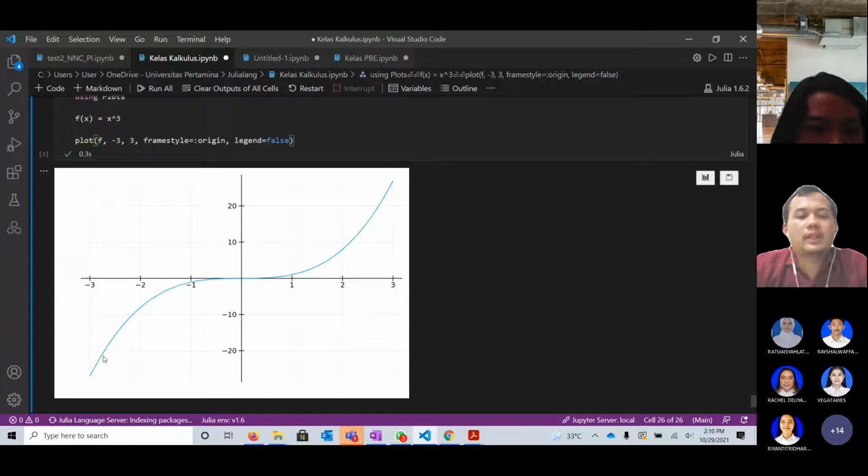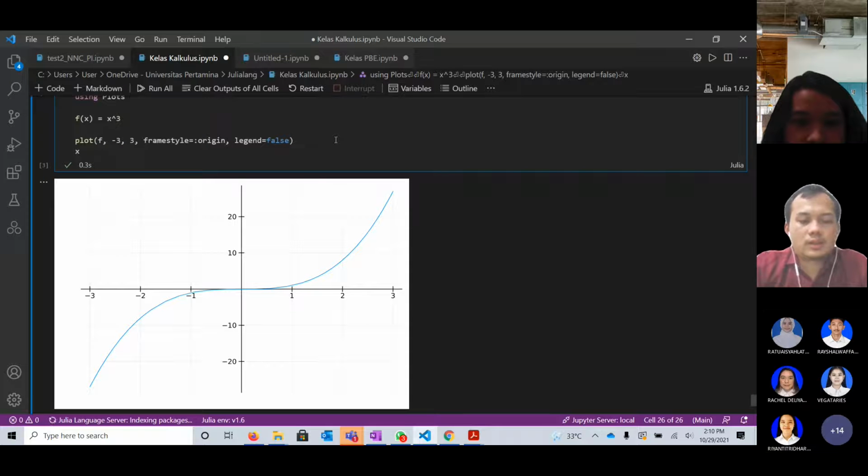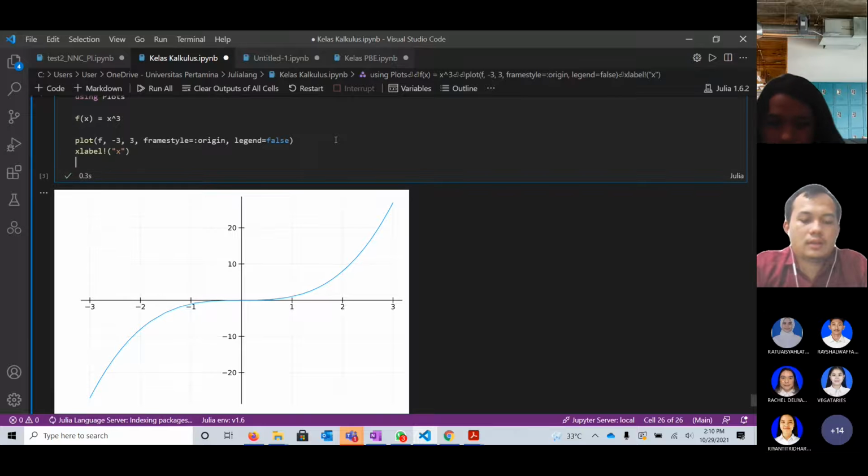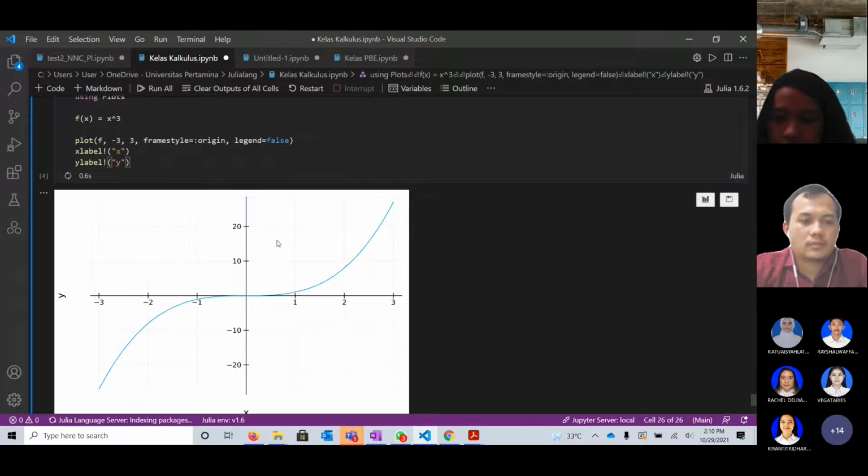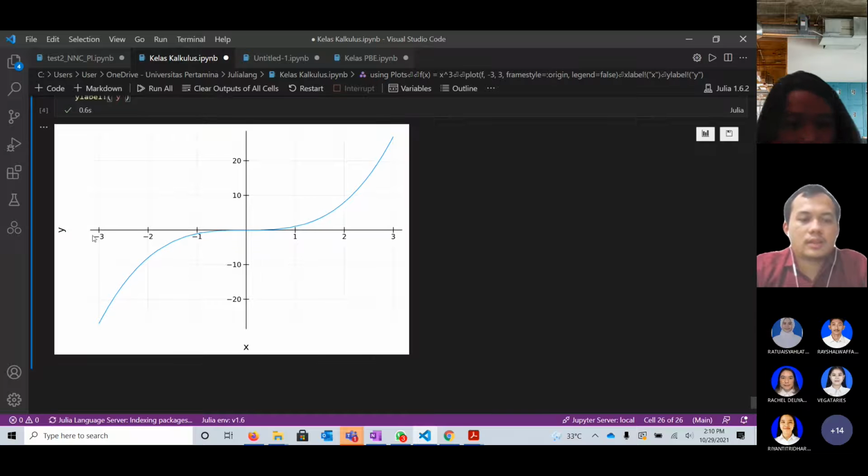Ini plot dari x pangkat 3, and we see that on the left side, on negative x. Here x is the horizontal axis, and y is the vertical axis.